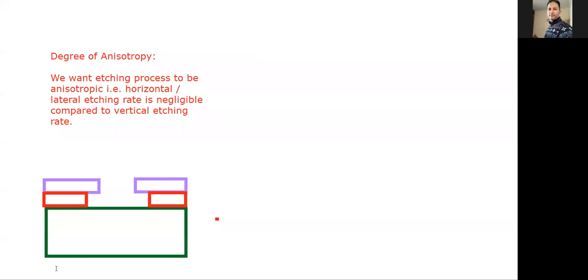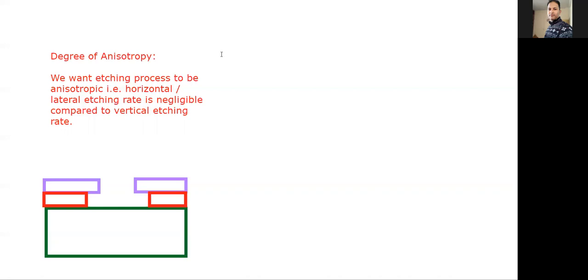Okay. What is happening in isotropic etching? You have got a lateral etching rate. Lateral etching is significant. And in fact, completely isotropic means when your lateral etching rate is as significant as the vertical etching rate.